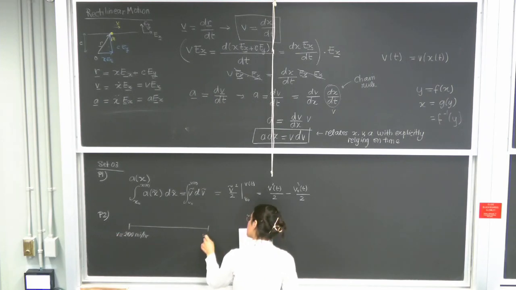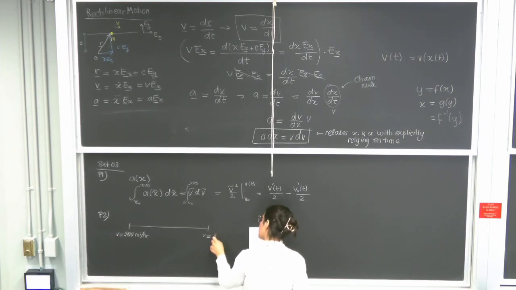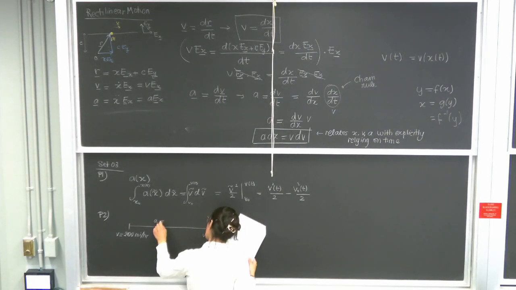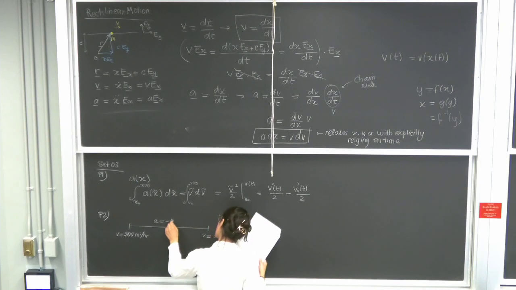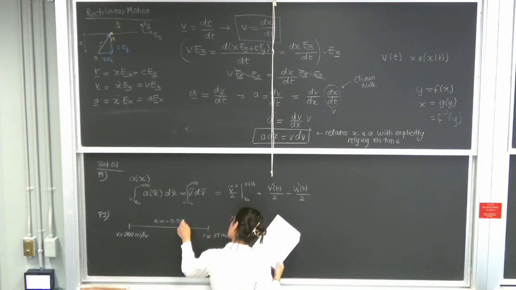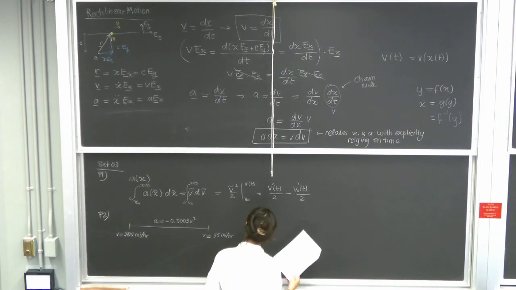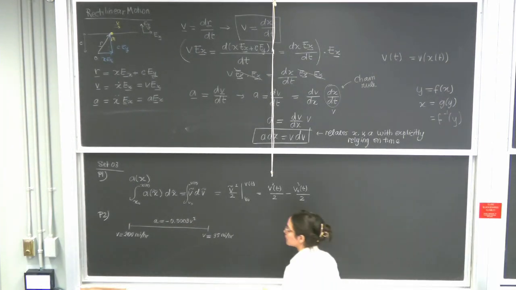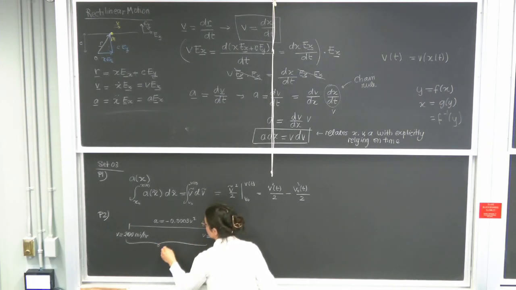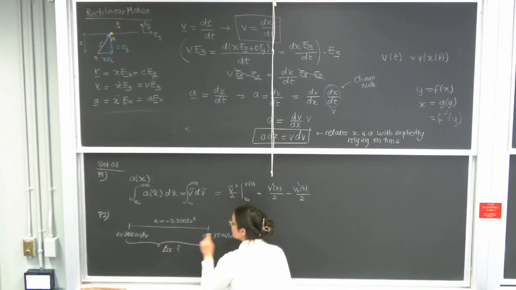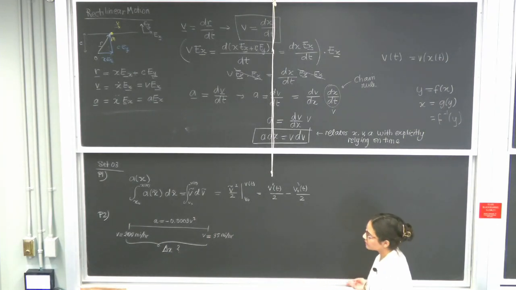At this point, the speed is 35 miles per hour. And in between, I have the acceleration being minus 0.0003 v squared. And we want to find the distance traveled, delta x or d, between these two points.